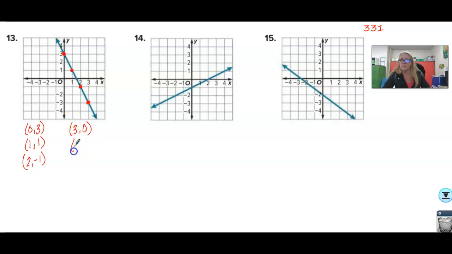We flip them. 1, 1 is 1, 1. We know we have a point of intersection there. And 2, negative 1 is negative 1, 2. So 3, 0 would be here. 1, 1 is here. And negative 1, 2 is here.